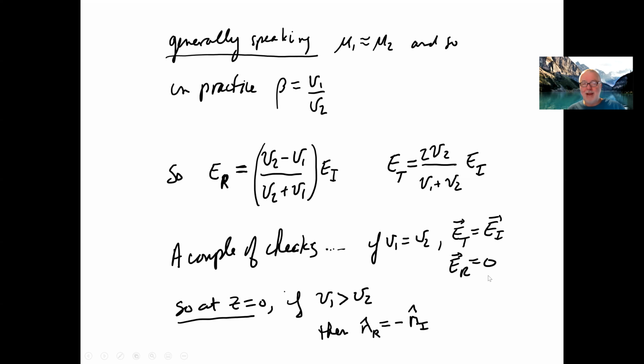And if v1 is greater than v2, meaning the wave speed on the incoming side is faster than the wave speed on the outgoing side, then n̂_R is equal to minus n̂_I, meaning the polarization flips on the reflected wave, as opposed to bouncing back the same way.